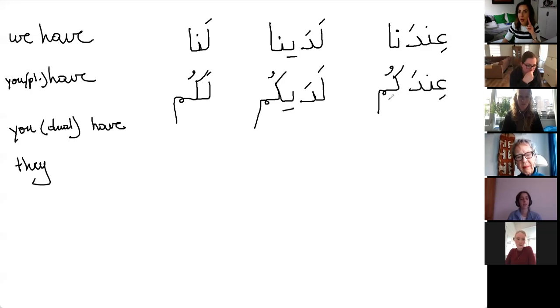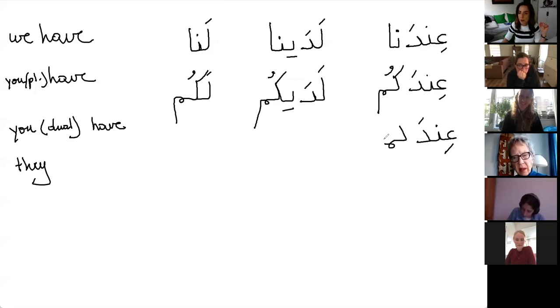Now you know the dual finishes with which letter? Alif, صح. So it's exactly like this one with Alif at the end. Tell me what it should be. عندكما. صح. لديكما.